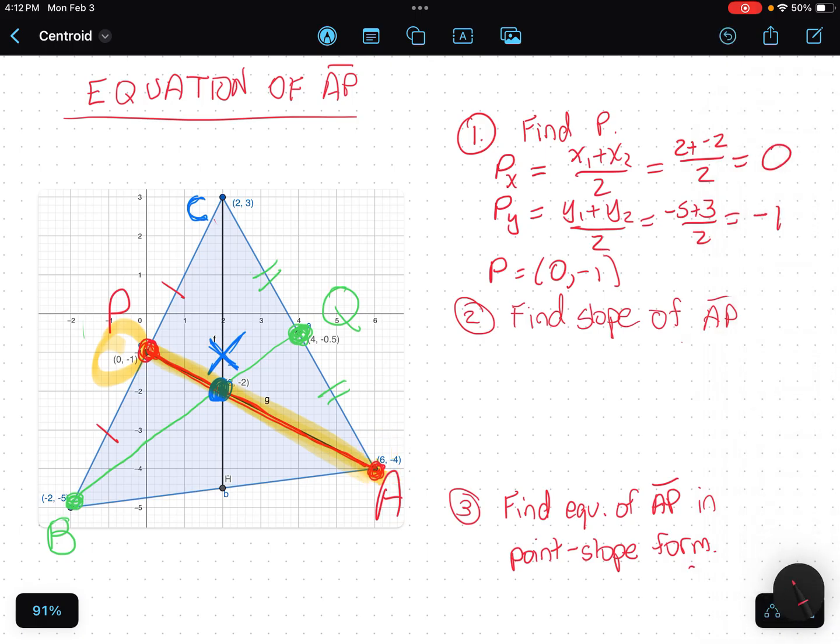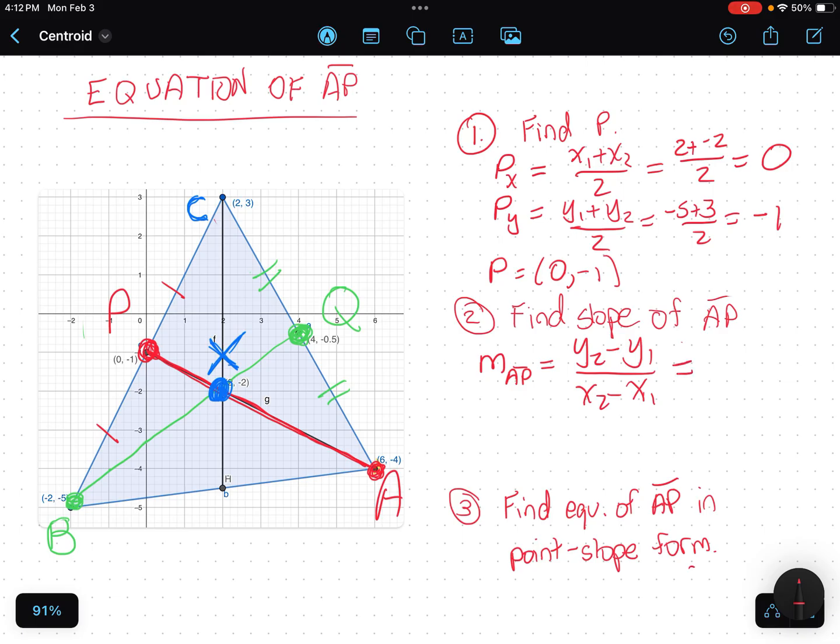So I'm going to do that, and again, let me erase my highlighting here. The slope formula, and I'm just going to denote it by the slope of AP for my own records, is y2 minus y1 over x2 minus x1, or rise over run, or however you want to look at it.